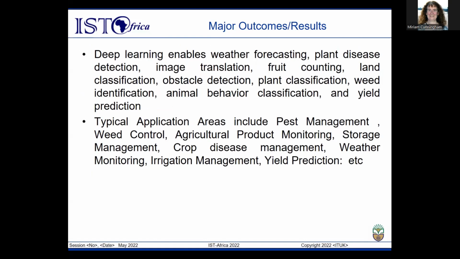Also, pest management, weed control, agricultural product monitoring, storage management, crop disease management, weather forecasting or monitoring, irrigation management, yield prediction, and other common application areas are also discussed in detail in the paper.